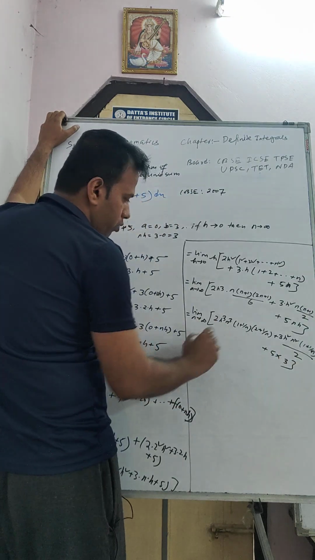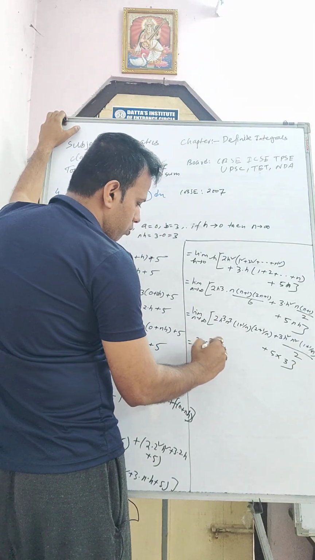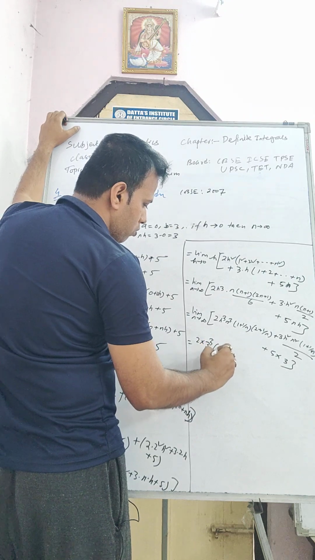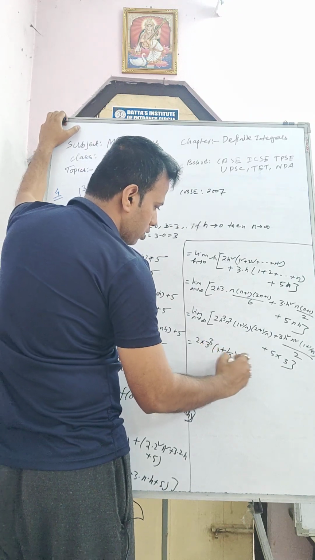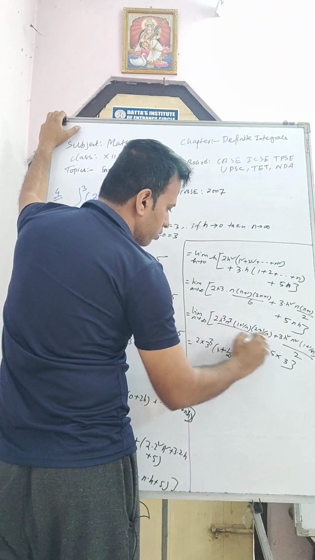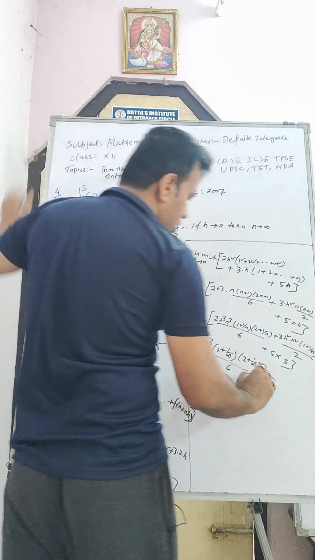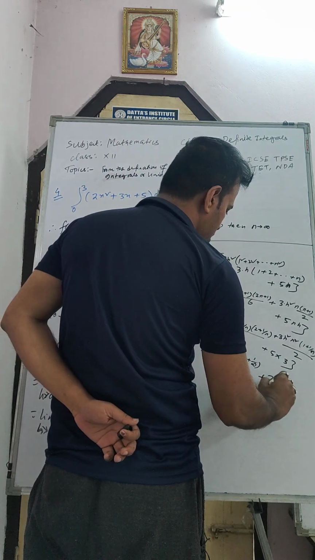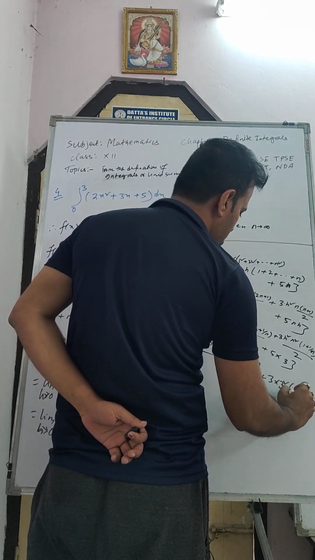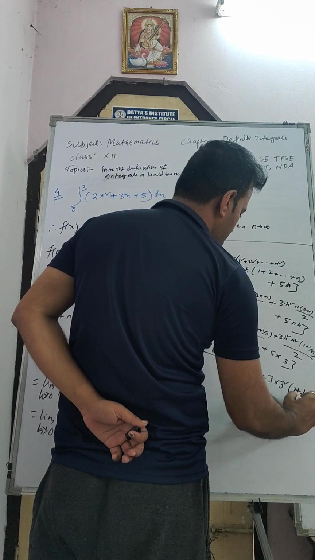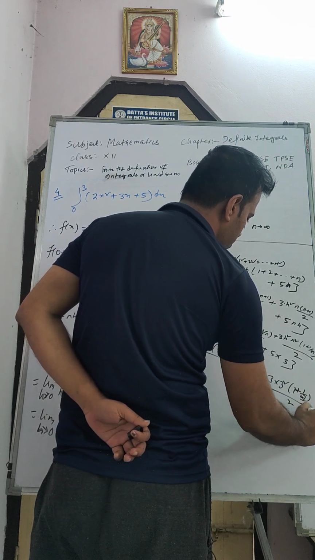Now use the formula here: 2 into 3 cube, 1 plus 1 by infinity, 2 plus 1 by infinity, by 6, plus 3 into 3 square, 1 plus 1 by infinity by 2, plus 15.